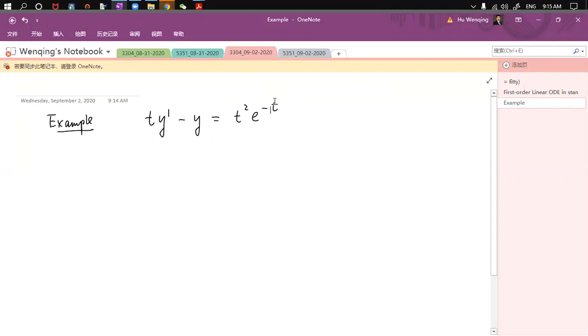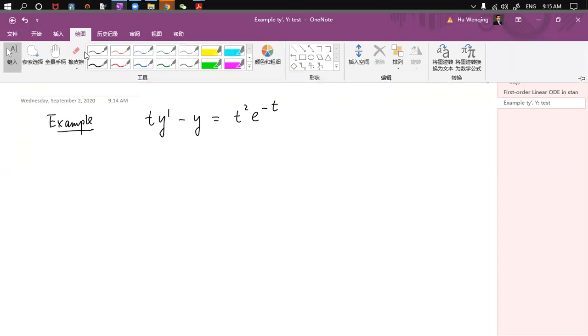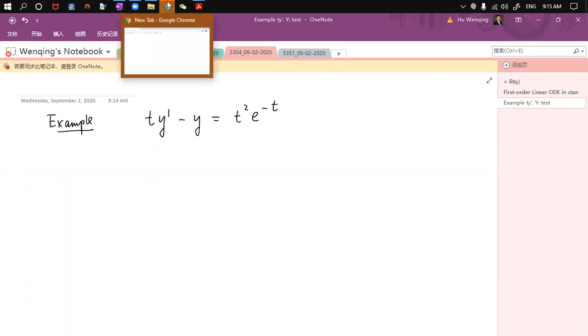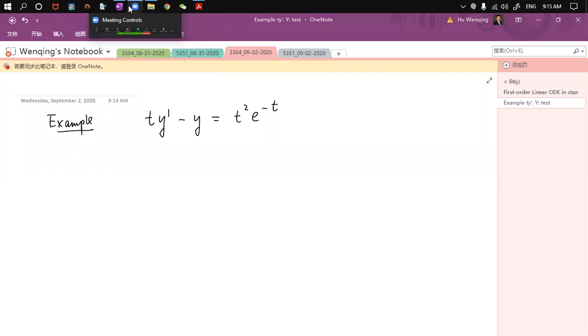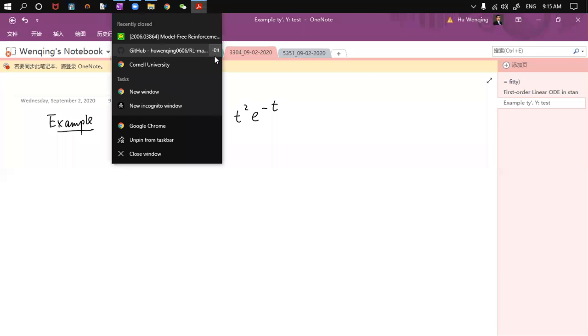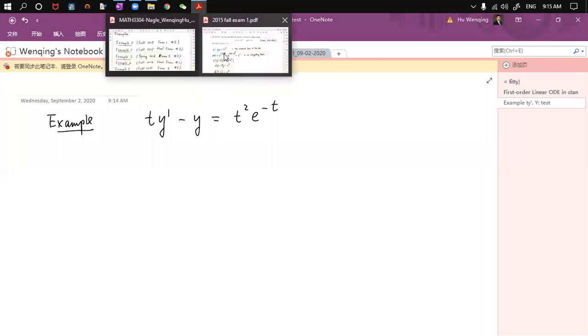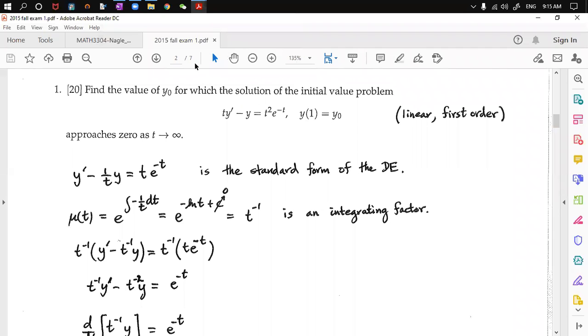So with a given initial condition, here the problem says y of 1 is equal to y0.